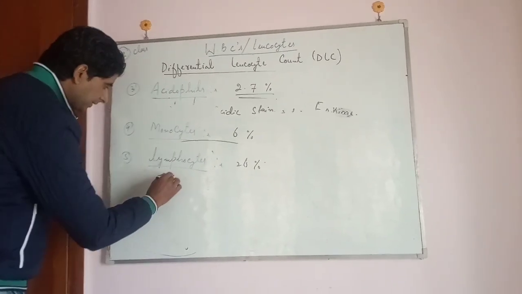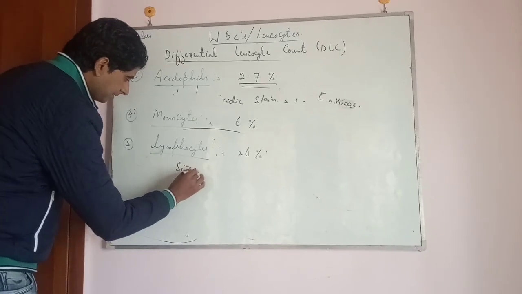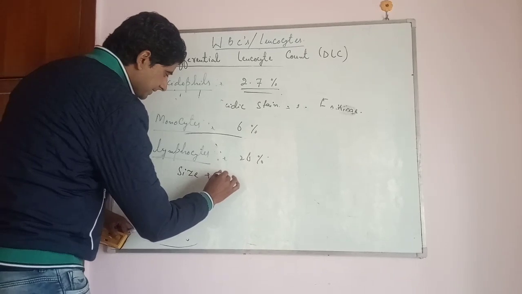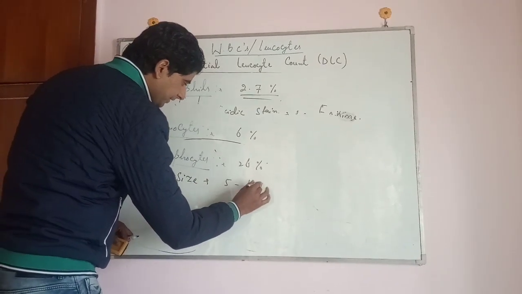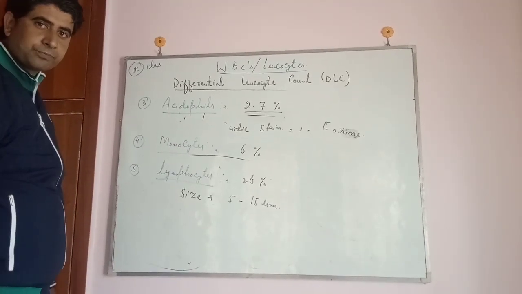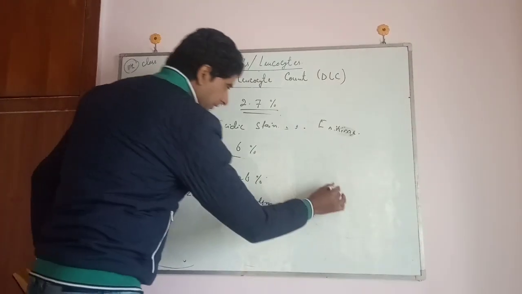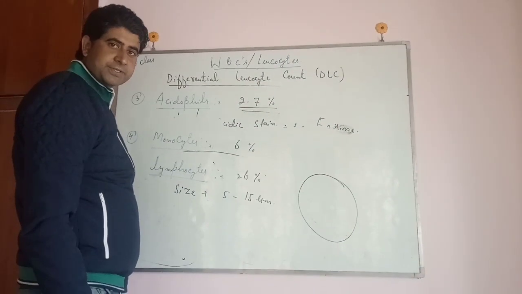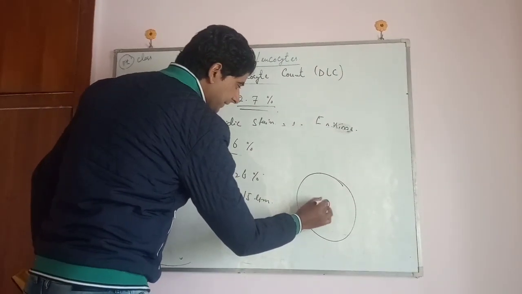While the size of the lymphocytes varies between 5 to 15 micrometer. That means ये छोटे होते हैं as compared to monocytes, और इनका न्यूक्लियस भी एंटायर होता है.